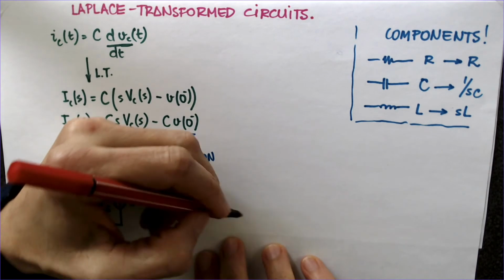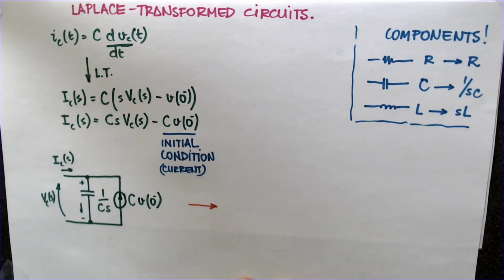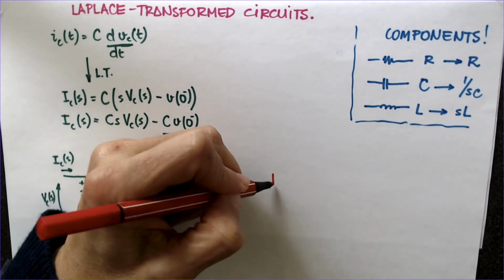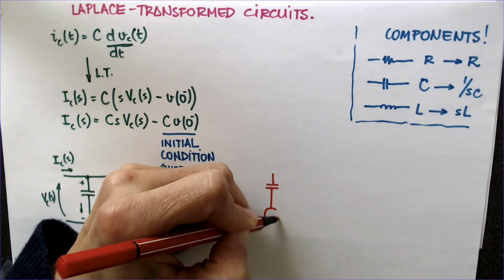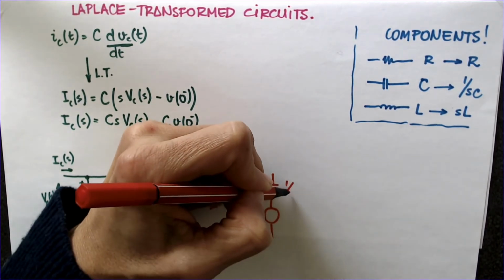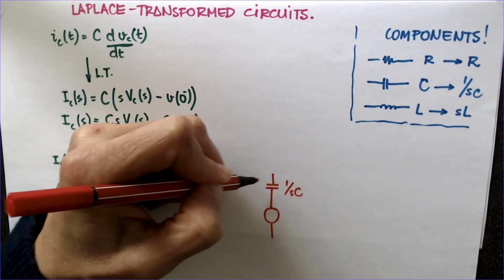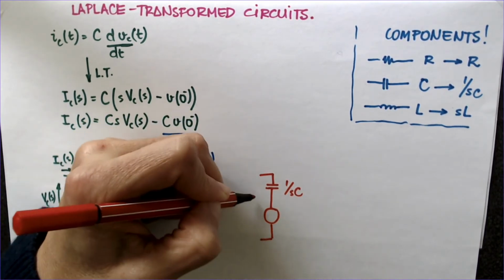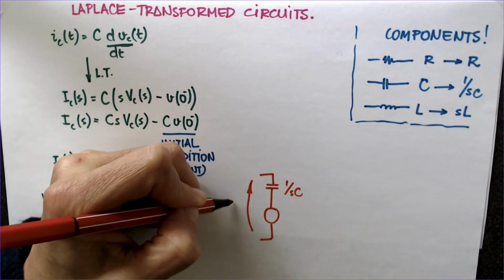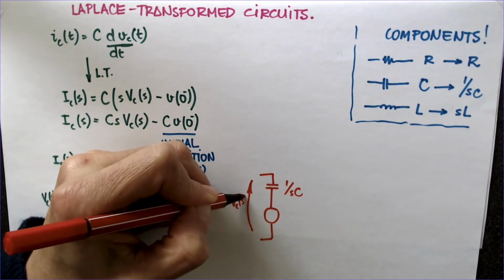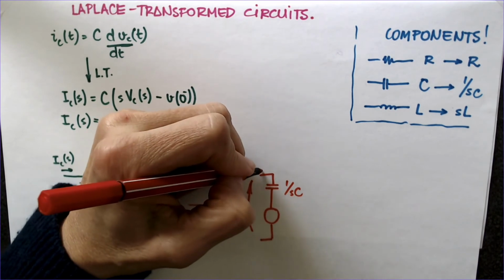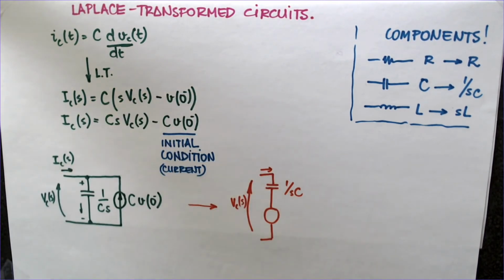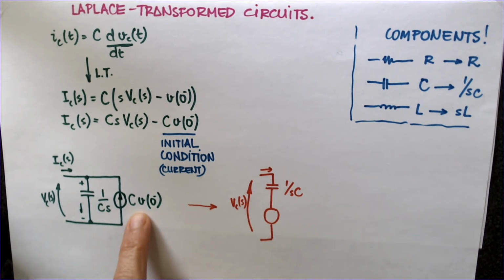So now I'm going to do source transformation on this circuit, just like we did for the inductor. Instead of a current source in parallel with the capacitor, I now want a voltage source, and I'm going to use Ohm's law again. V of s is the voltage across the capacitor itself plus a voltage that is only the initial condition, and that voltage equals Ri.